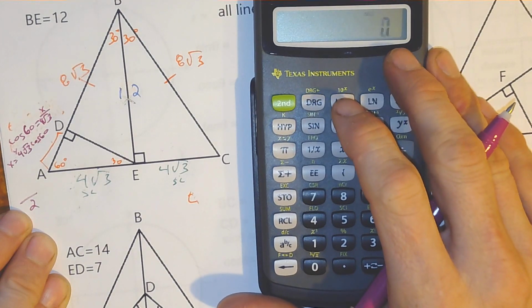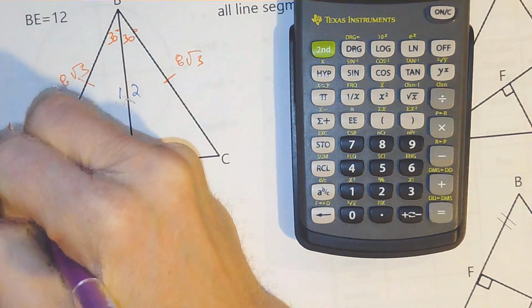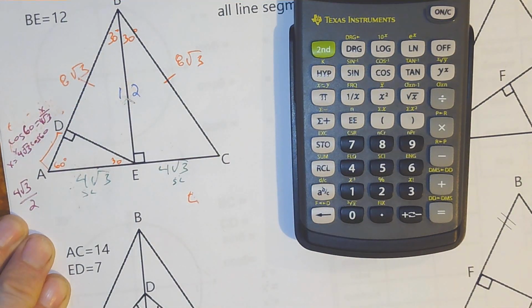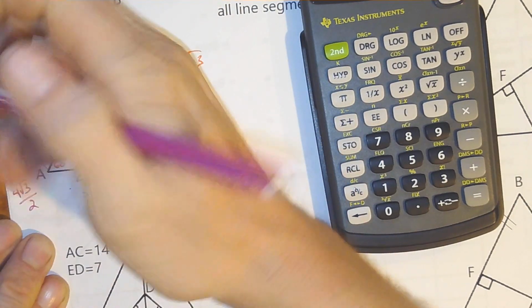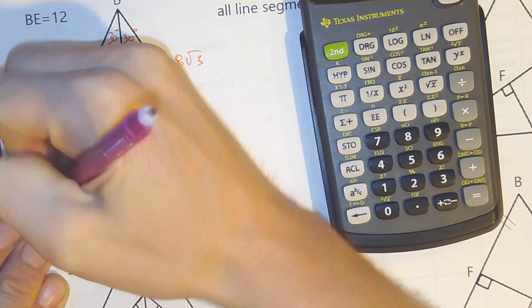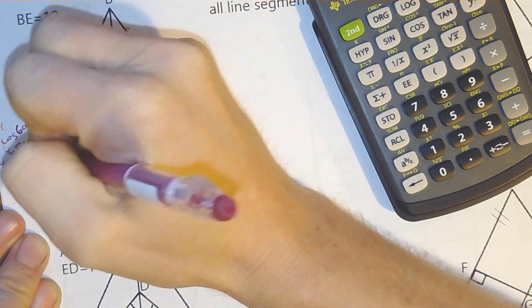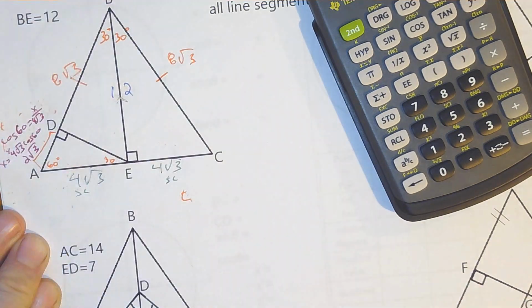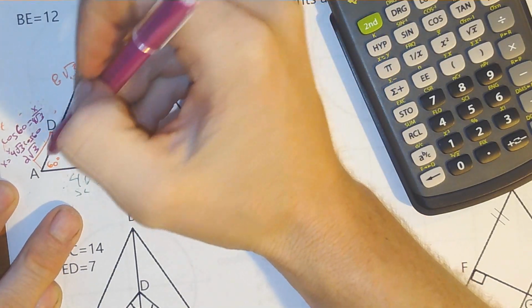Oh, it's going to be 4 square root of 3 over 2. So it's going to be half of that, which makes sense, right? So it's actually 2 square root of 3. This is a 30, 60, 90 triangle. So that's that, which makes lots of sense.